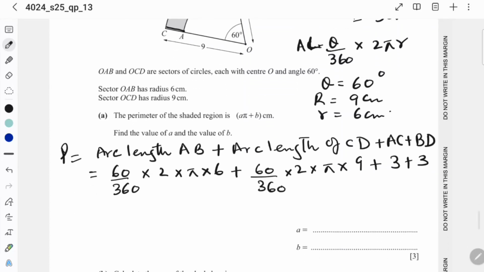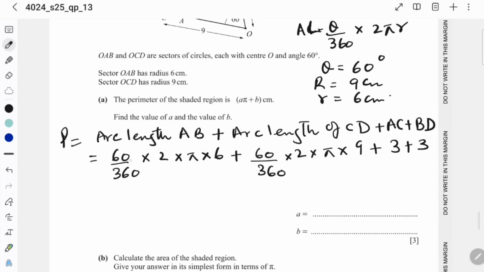Why not I just cancel and take something common. That's easy. 60 over 360 degrees is simply 1 over 6. And then you have 2 into pi into 6, plus 1 over 6 into 2 into pi into 9, plus 3 plus 3 is 6.